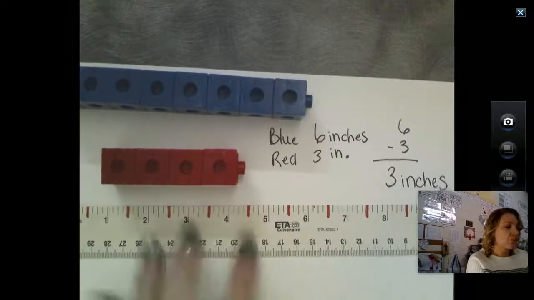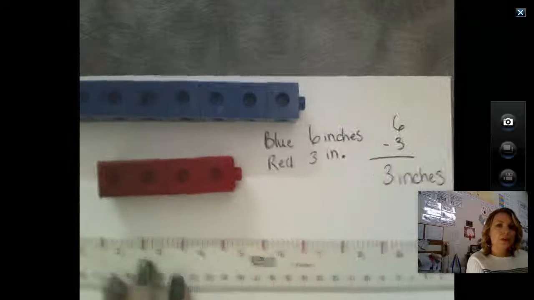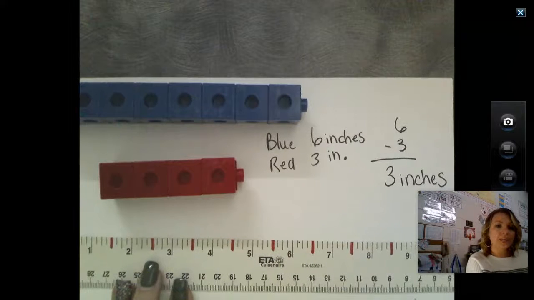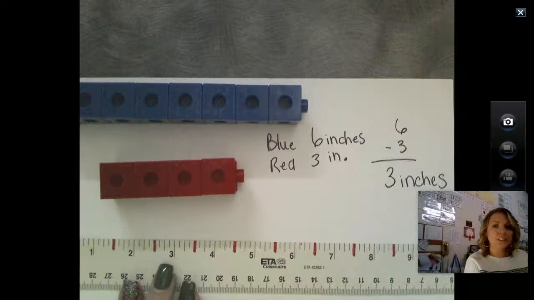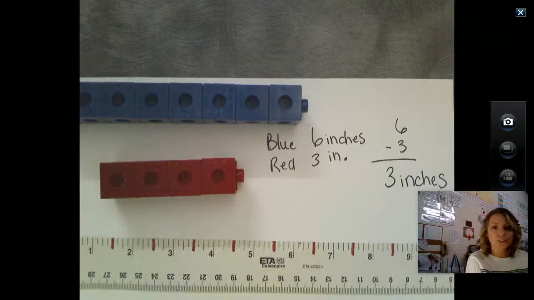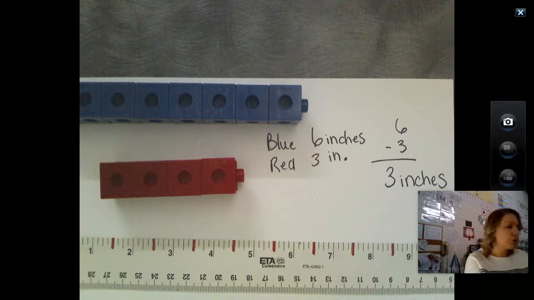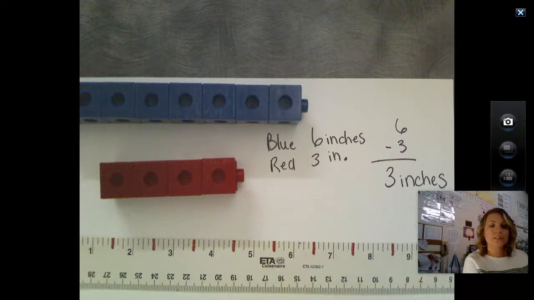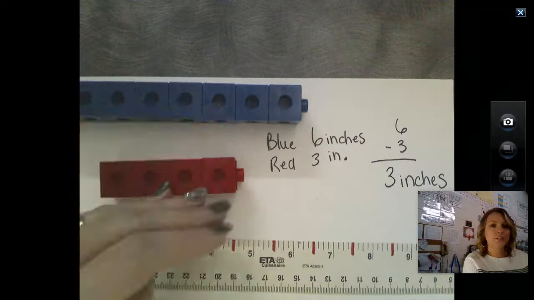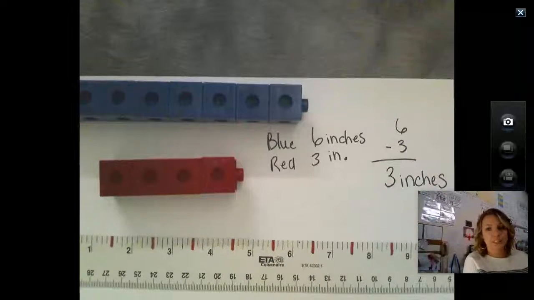Okay, so a couple of things to remember. When we are comparing measurements, the first step is always measure your two items. So you have your two lengths. Then you subtract the shorter length from the longer length, and that's going to give you your difference, boys and girls. So the blue minus the red, and I find my difference when I'm comparing lengths.